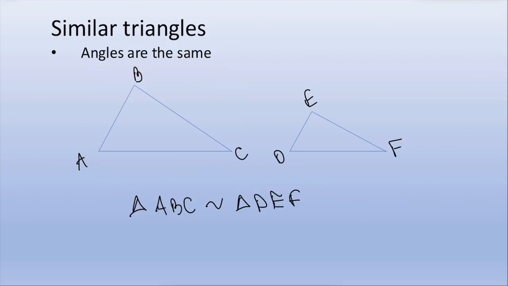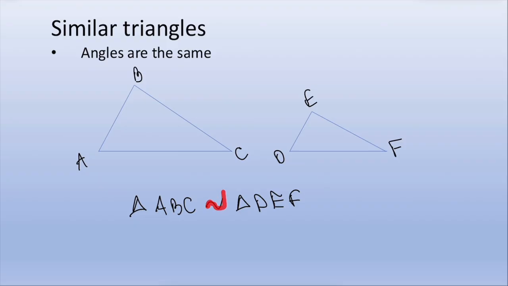You can see that it maintains its general shape. The angle here and the angle here are the same. These ones are the same. These ones are the same. So what we find is true about similar triangles: the angles are the same and the sides become proportional.